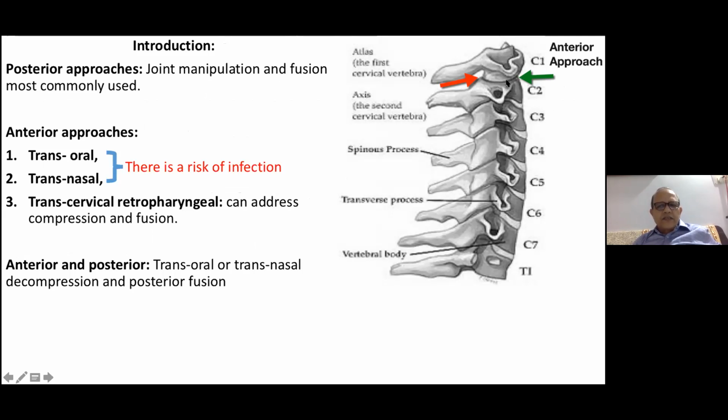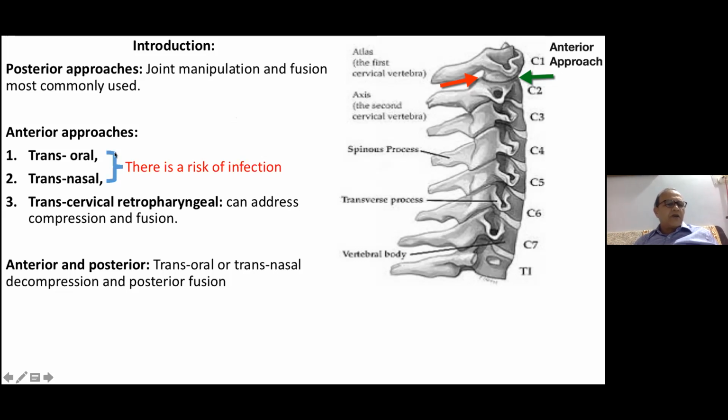So the facet joint can be approached from posterior side, as it is being done now by most of the neurosurgeons, and the same thing can also be done from anterior side, as shown in the green arrow. And the anterior approaches could be transoral, transnasal, and transcervical.